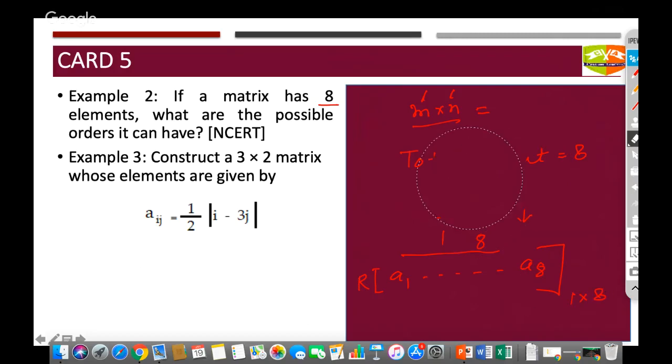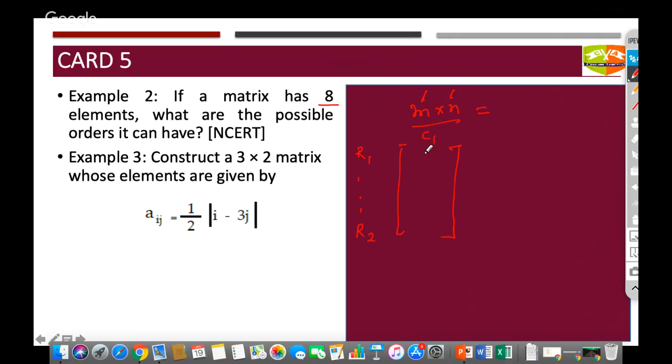Now you can simply reverse the order and write the matrix like this. There would be 8 rows, r1 to r8, and only one column, so you can write numbers a1 to a8. This will be an 8 into 1 type of matrix.